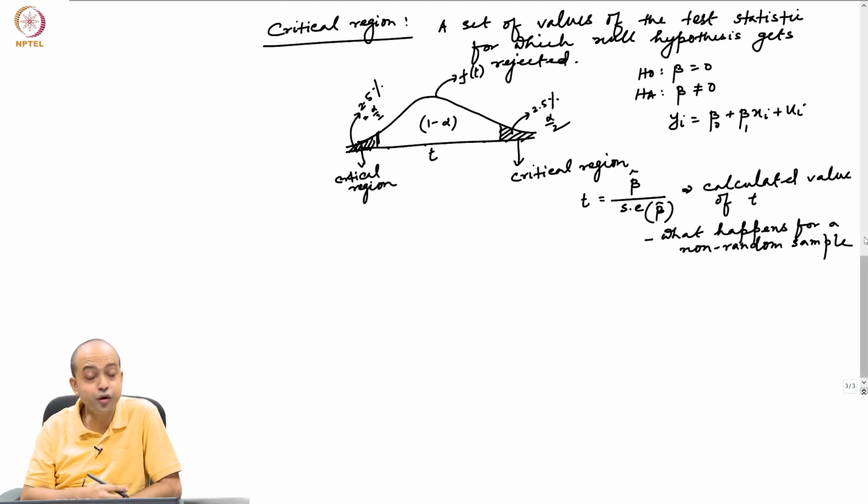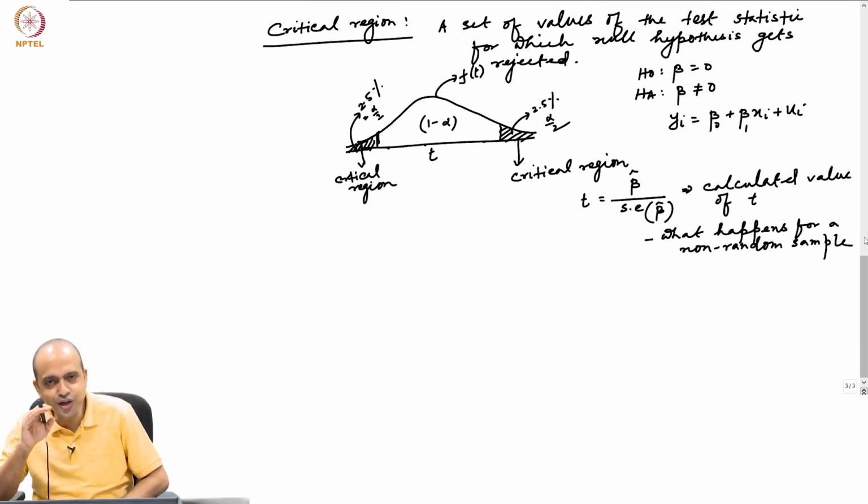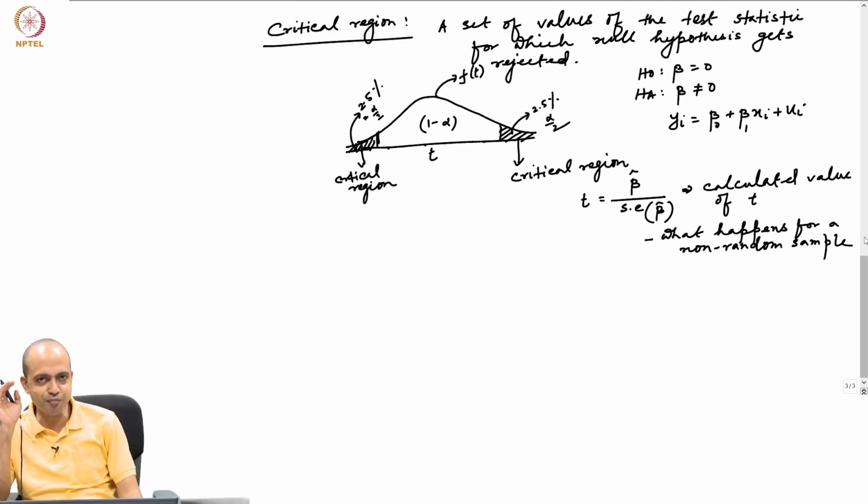If you get a non-random sample from the population, you can get only one such sample. If you do not get multiple samples from the population, if there is no randomness in the sampling part, then you will get only your beta hat.